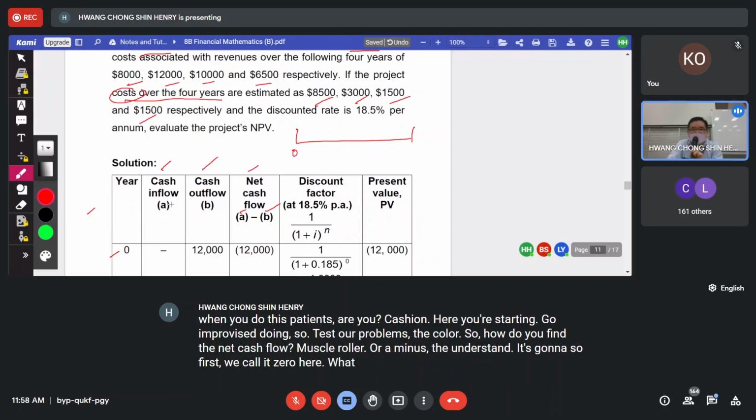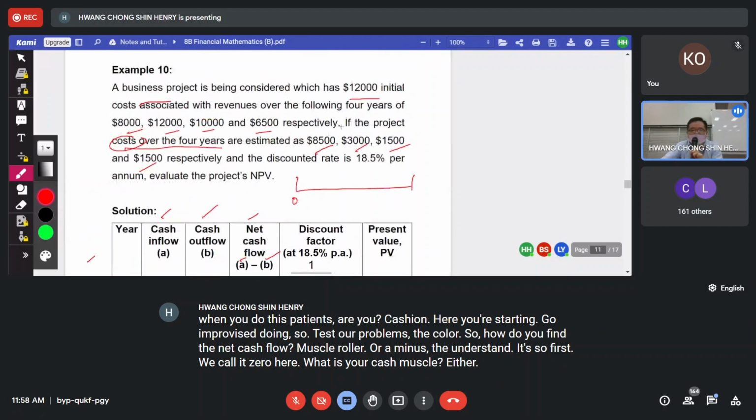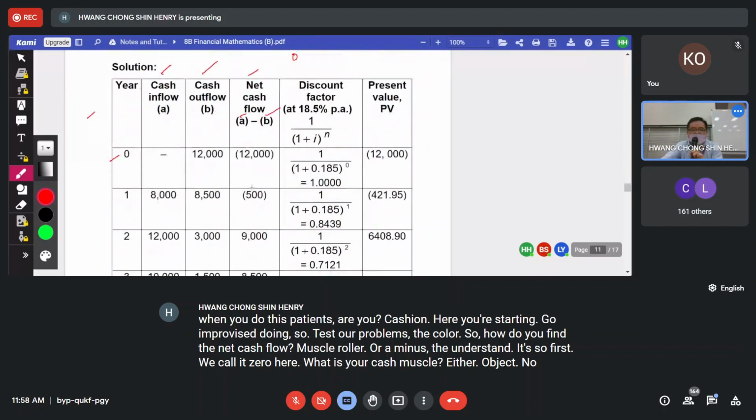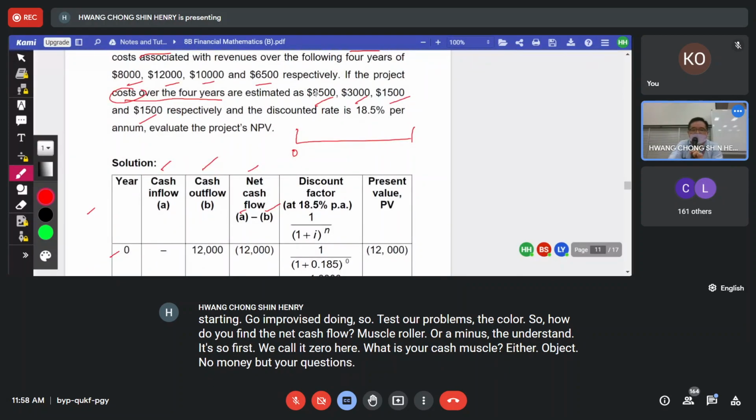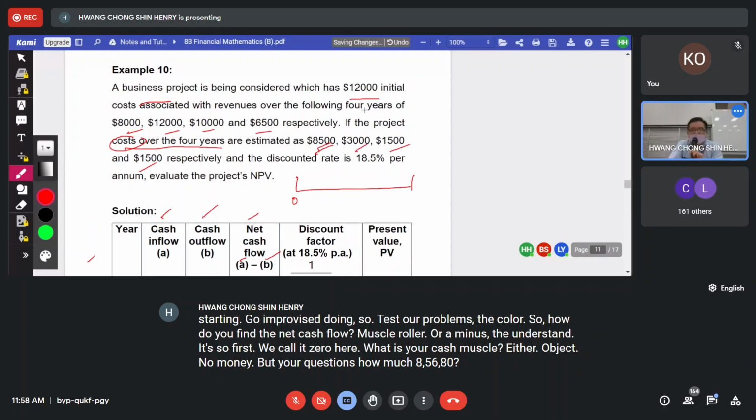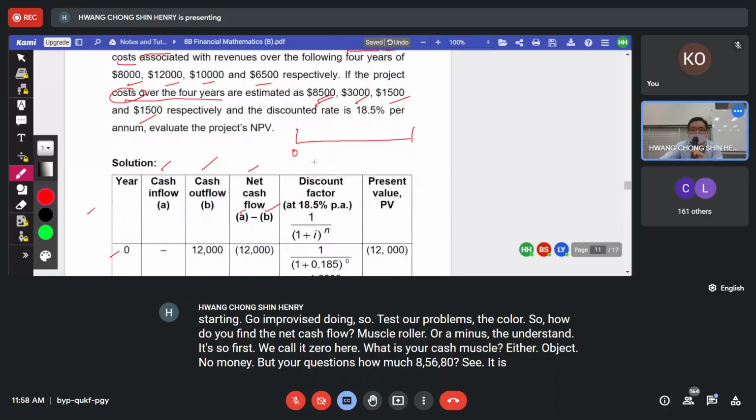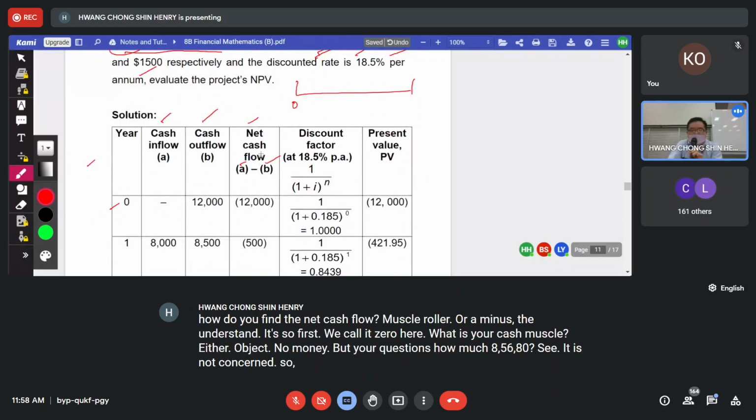What is your cash in? The first year of the project, no money in, but your first year cost is how much? 12,000 already, my initial cost. So your net cash is 0 minus 12,000.